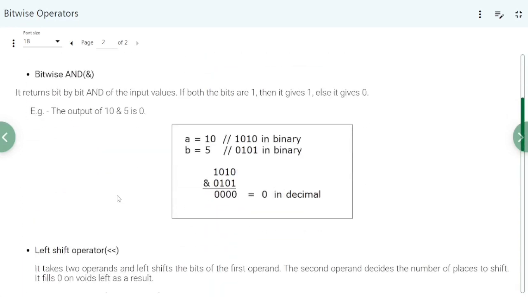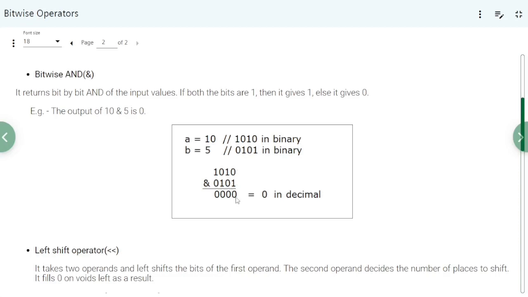Let's see the AND operator now. It returns the bit by bit AND of the input values. So if both the bits are 1, then only it will give us 1, else it will give us 0. This is pretty straightforward. Both the bits have to be 1, then only you will get 1. Otherwise you are going to get a 0. Let's take the same example again. A as 10, B as 5. Convert both the decimal numbers into their respective binary numbers. Now when you do bitwise AND, you will see that both the bits are not 1, only one bit is 1.